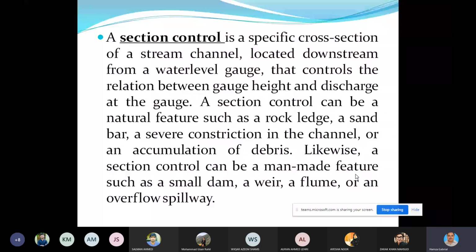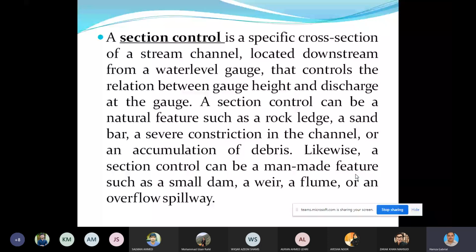So first control is the section control. As I told you, there are three types of controls: a section control, a channel control, and then a floodplain control. Depending on the stage or the water depth or the water level, these controls change from one control to the other.